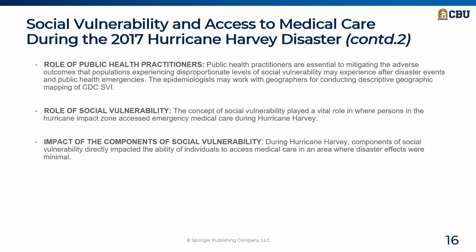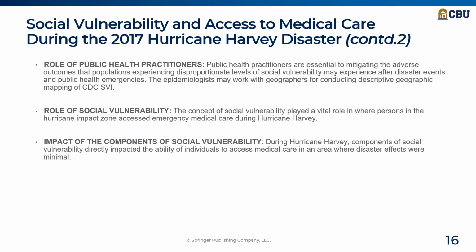During Hurricane Harvey, social vulnerability played a key role in determining where people accessed emergency medical care. More than 11,000 emergency department visits occurred within the impact zone, while over 2,600 visits occurred at disaster medical assistance team facilities. These provide surge capacity during disasters.